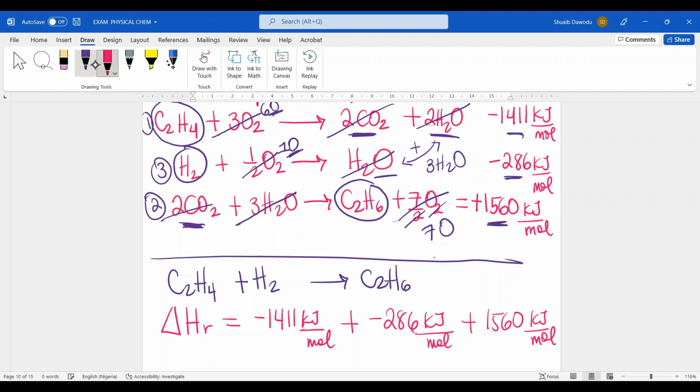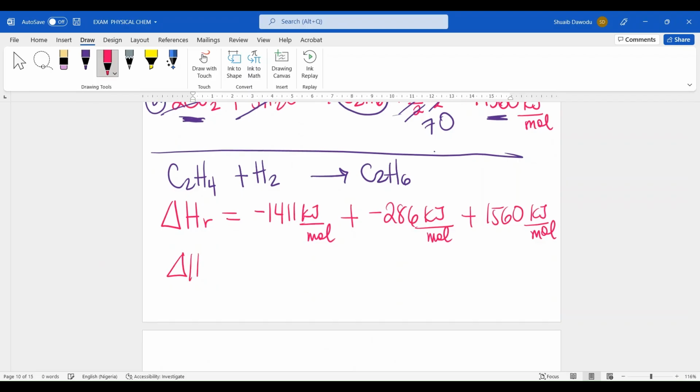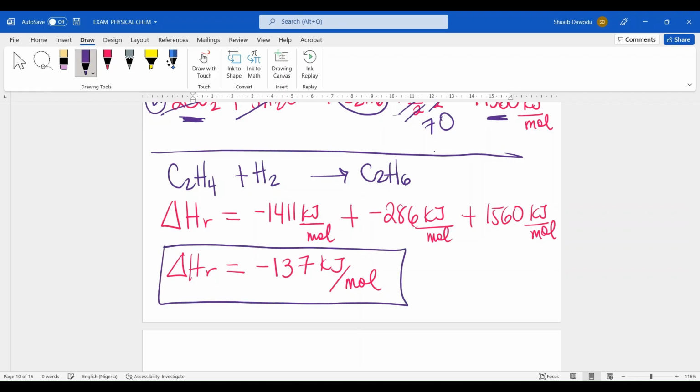So when you input this information in your calculator, you get change in H of the reaction as negative 137 kilojoule per mole. So basically, what this is telling you is that the enthalpy for the hydrogenation of ethene to ethane is negative 137 kilojoule per mole. So this is basically the answer to this question.